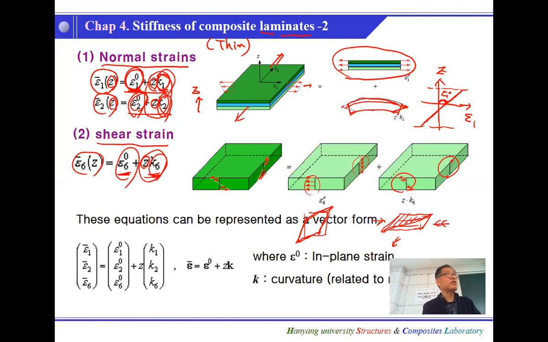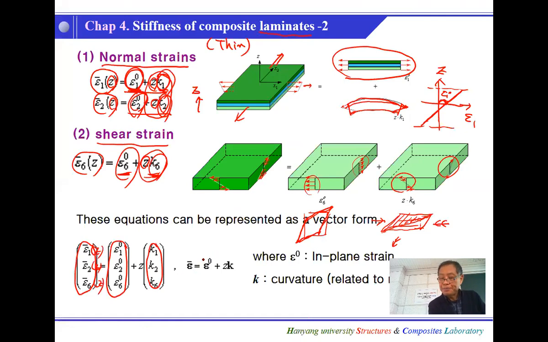And in total, we have 3 in-plane terms and 3 curvatures to explain each ply. See, this is each ply's deformation as a function of Z.